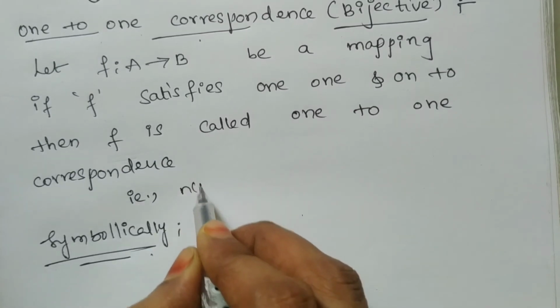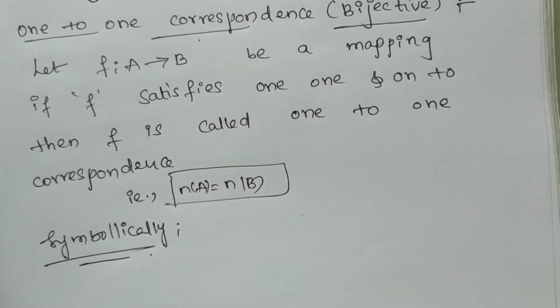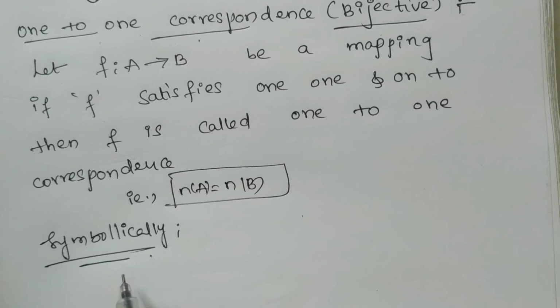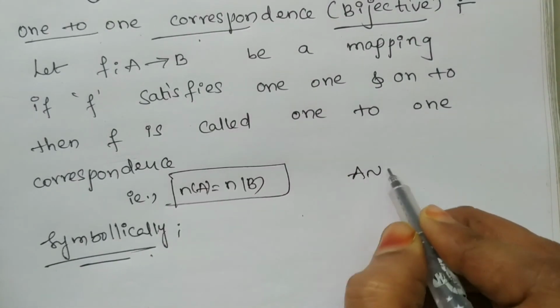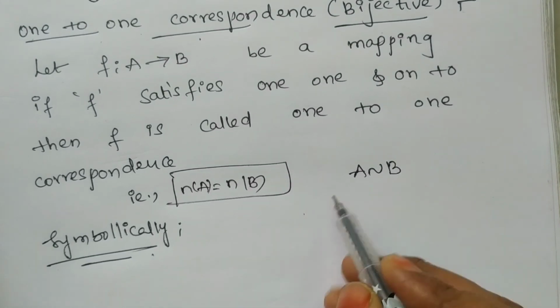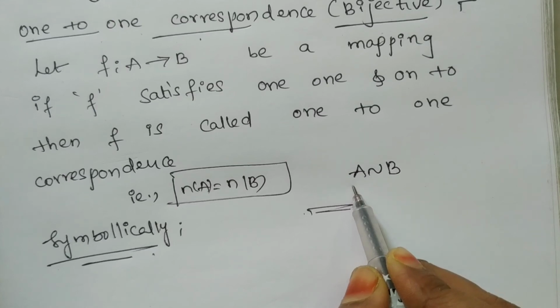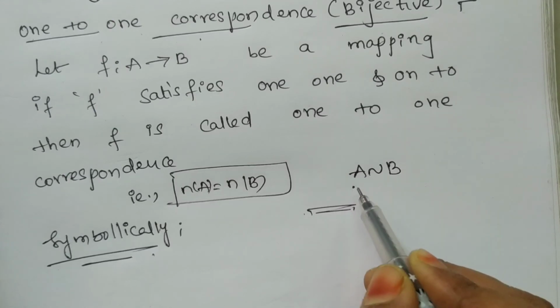That is, the number of elements of A equals the number of elements of B. So this can be written as A equivalent to B. This is known as an equivalence relation.